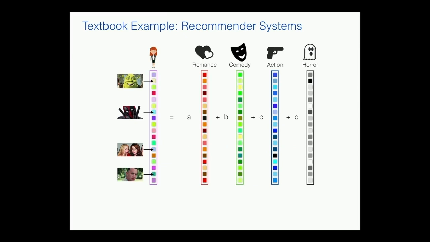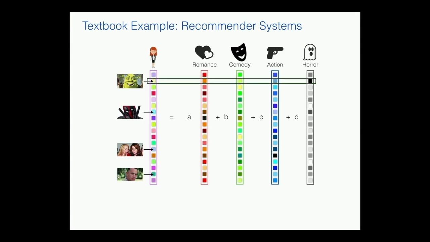The textbook example that many of you have heard about is recommender systems. The idea is that an individual has some preferences over movies. Some she likes, some she doesn't like. And we imagine that there are some base profiles of preferences for romance, comedy, action, horror, etc. Her individual preferences are some linear combination of those base preference vectors.